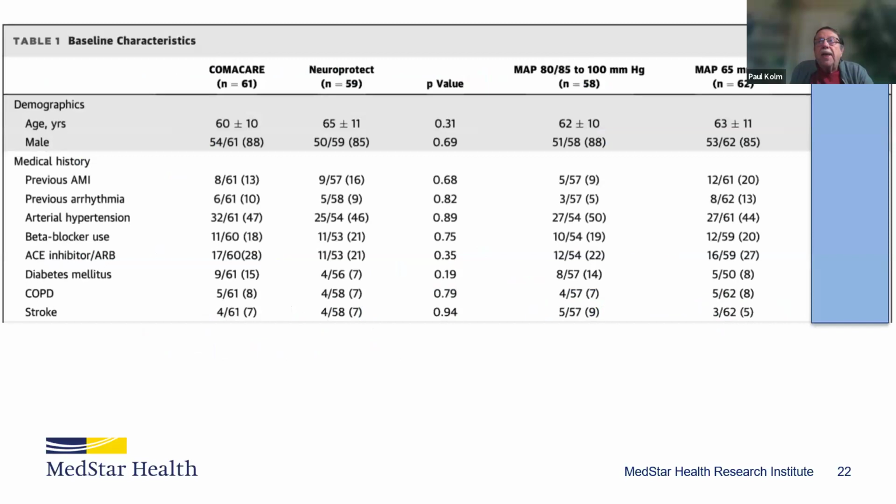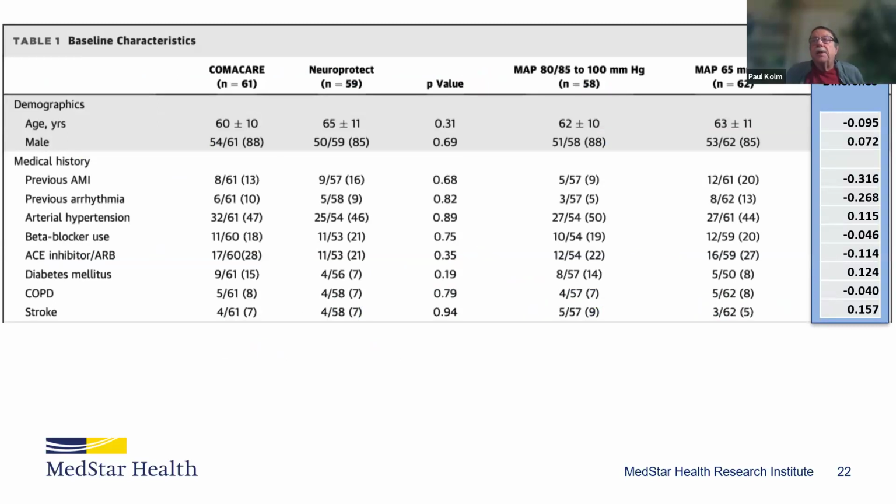And so if we did that for their table 1 here, this is sort of what we would get. And you can see that all of these differences are pretty small. They're all less than 0.2, except for 2 of them. So that might be important to consider: is there some difference related to previous MI and arrhythmia that we might need to have considered.